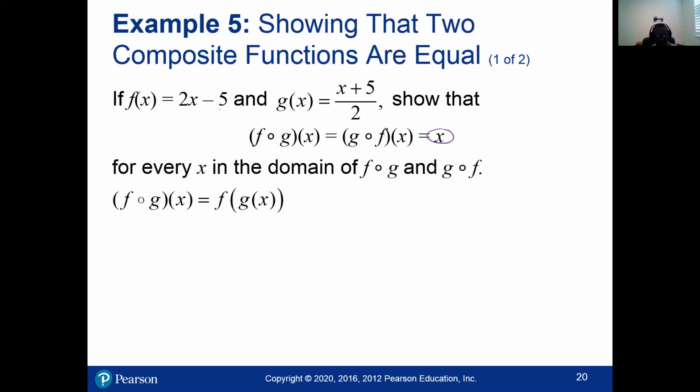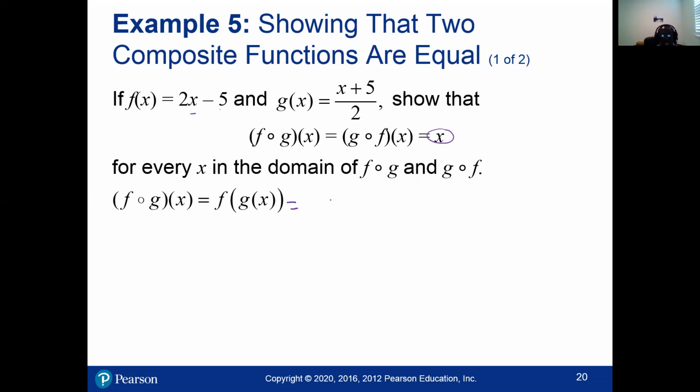First, what is f composed with g? Wherever we see x in f, we plug in the whole of g.